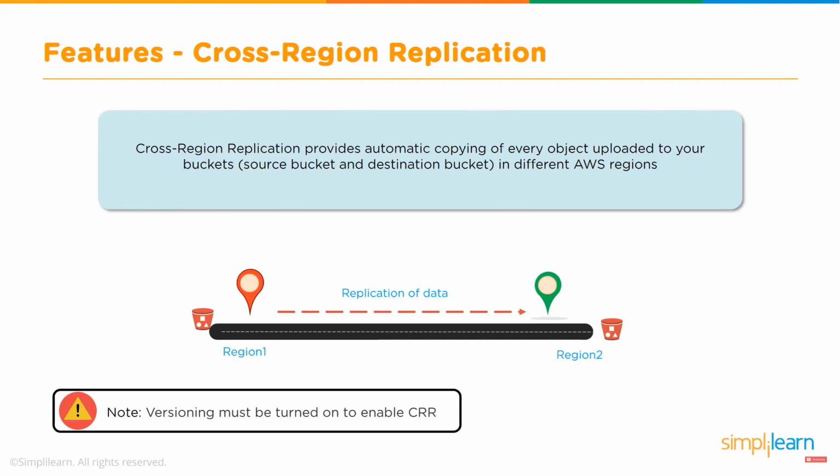Let's see how that's done. There are two things needed. One is versioning and another one is a role. When we transfer data from one bucket to another bucket, we need proper permissions to do so, and these roles give us proper permissions to transfer data from one bucket to another bucket. Let's see how that's done.